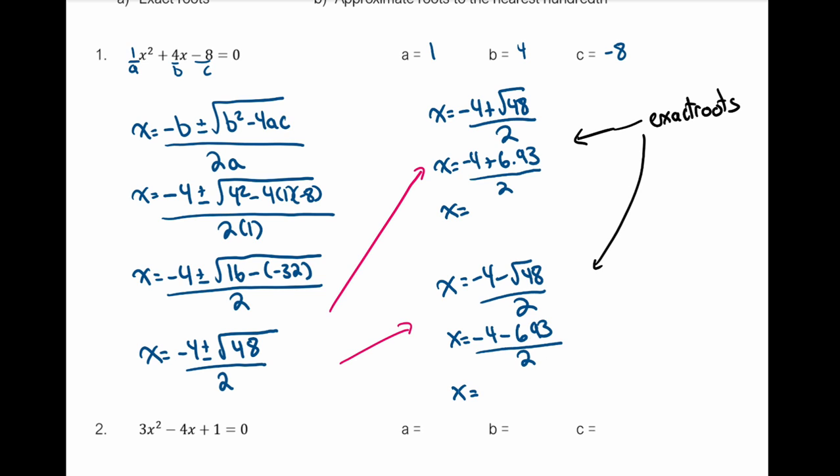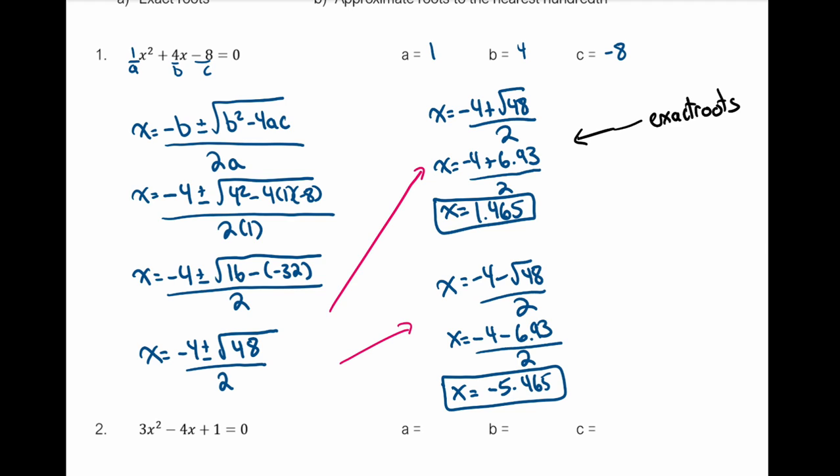So -4 plus 6.93 divided by 2 is 1.465. So there's one solution. And if we do the same thing, -4 minus 6.93 divided by 2, we get -5.465.